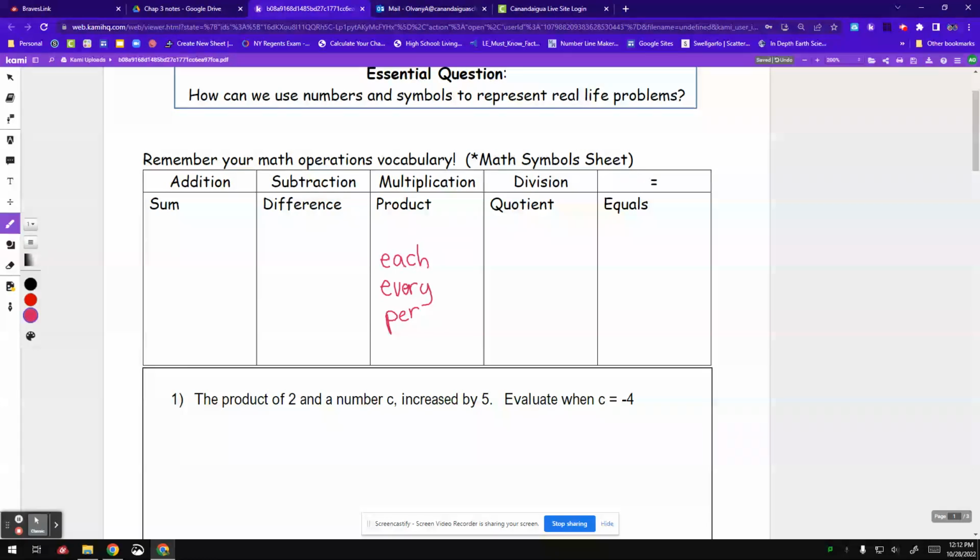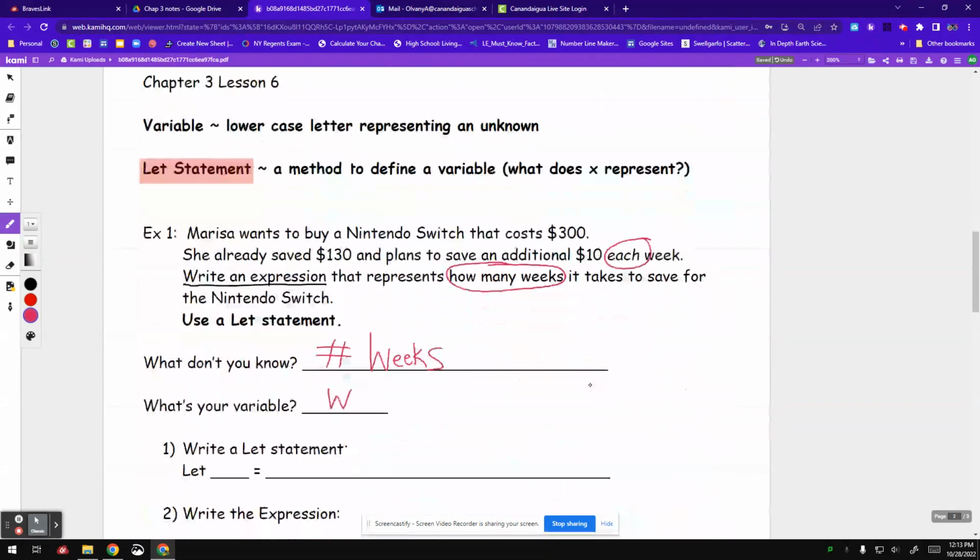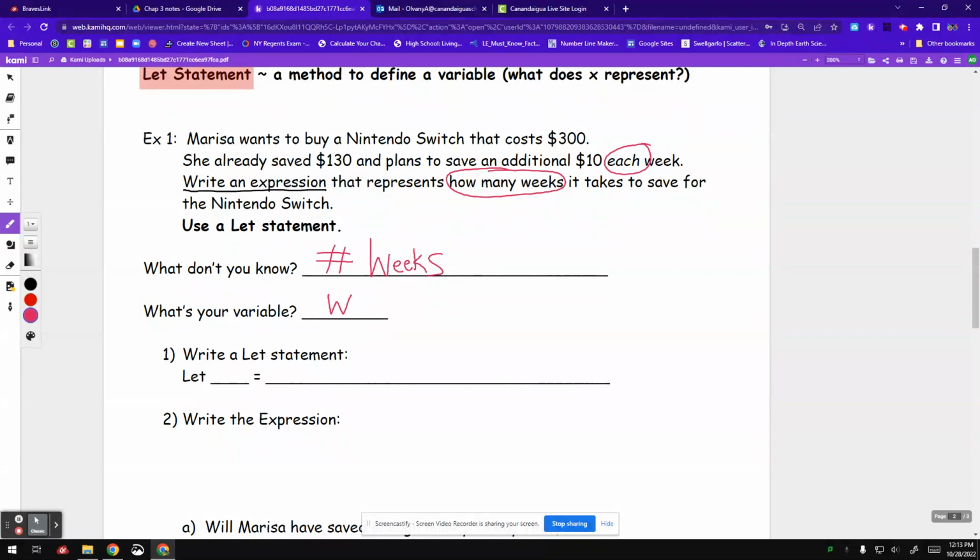This indicates that you're going to multiply because if you pay for each candy bar, that means you have to multiply how many candy bars times the cost. If you pay for every candy bar, same thing. And a lot of times costs will say it's $1 per car, okay, or $10 per car. So you'd multiply how much times the number of cars. So that's important because this lets me know I'm going to be multiplying.